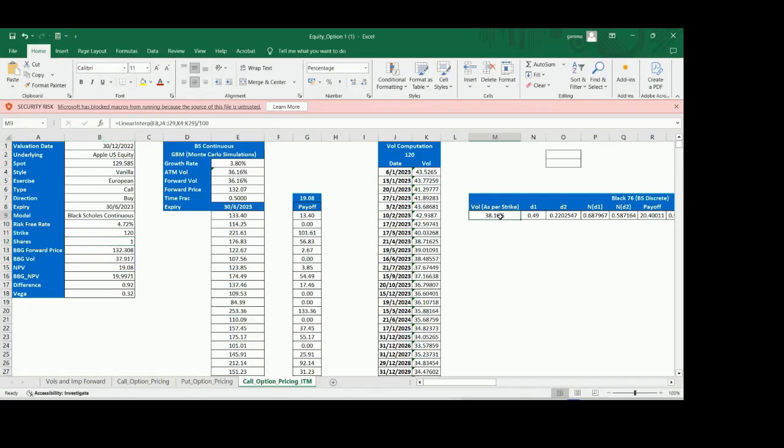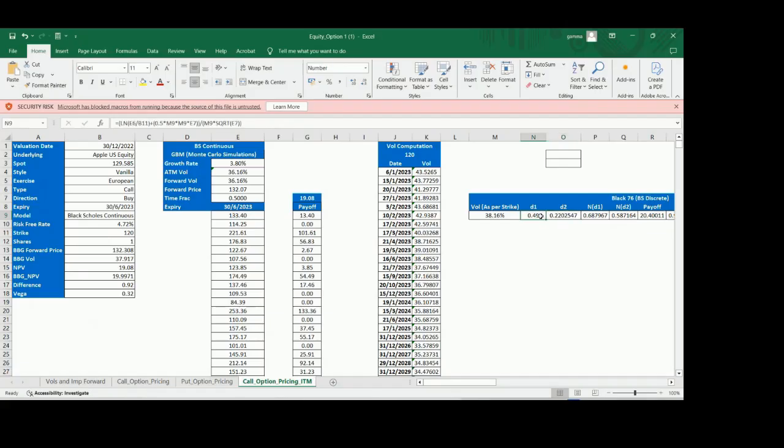As of 30 June 2023, and for a given level of strike, we have interpolated the vol for the strike of 120, and the implied vol comes out to be 38.16. Then we have calculated D1 and D2.